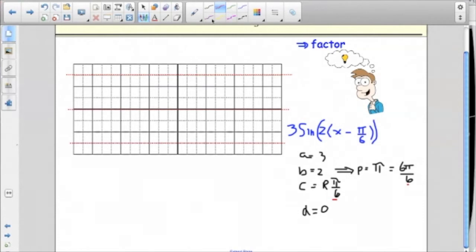So we know this is 0, and I know that's 1, 2, 3, and this is -3, and this is 0.